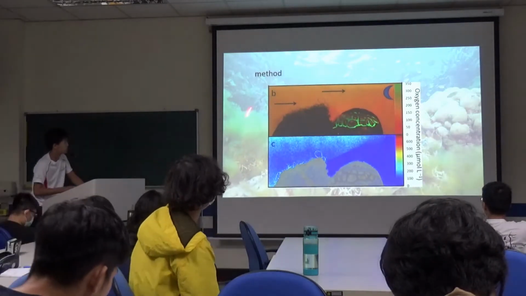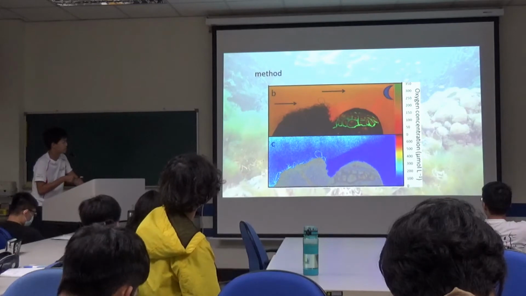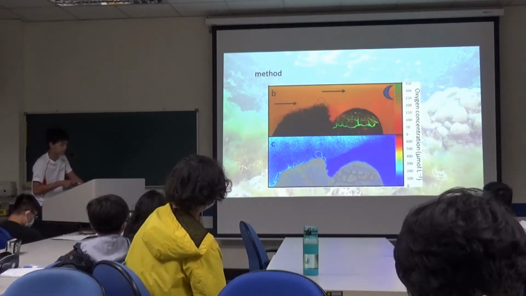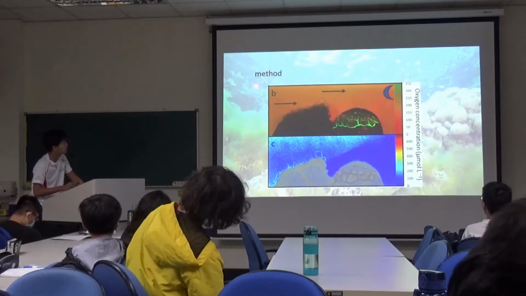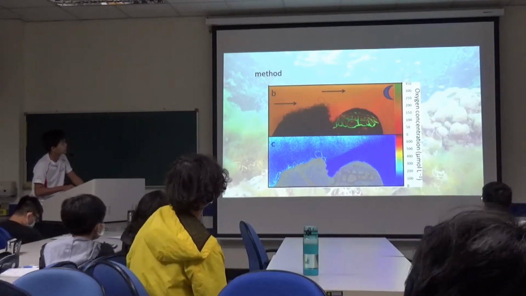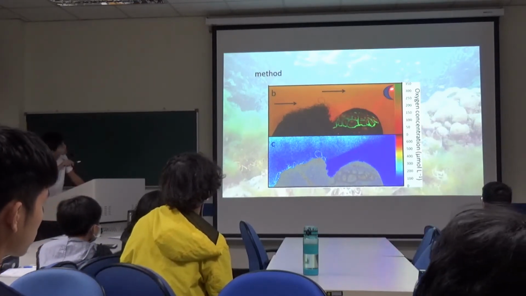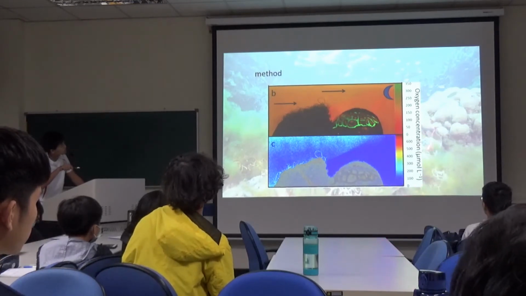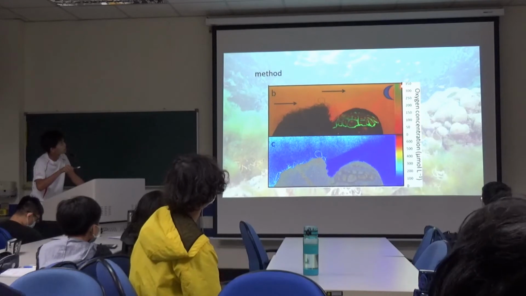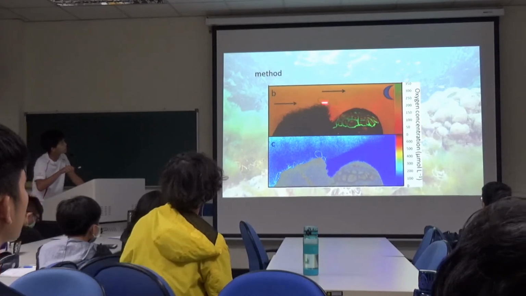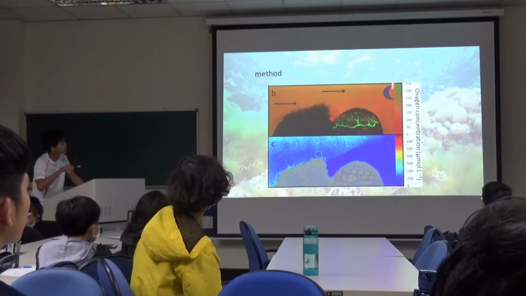And this is the test photo we took. You can see the water flow is from left to right, and this bar is the oxygen concentration. You can see the colors correspond between the picture and this bar.